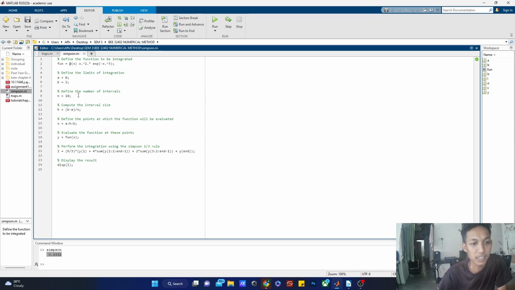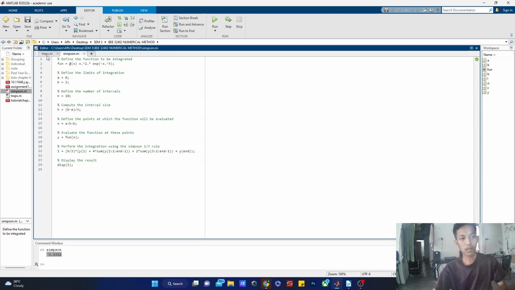You can get the interval size by using this formula, h equals b minus a over n. After that, we just use the exact formula for Simpson's or for the trapezoidal. The only difference is the last equation: for the trapezoidal we use h over 2, meanwhile for Simpson's we use h over 3.